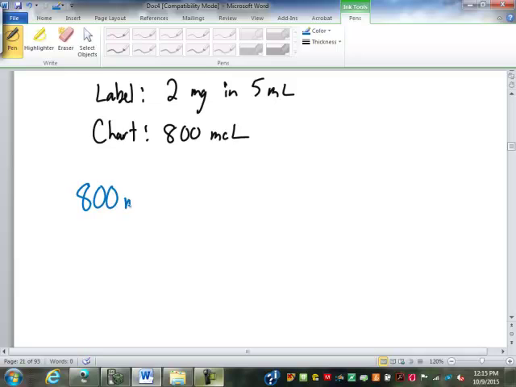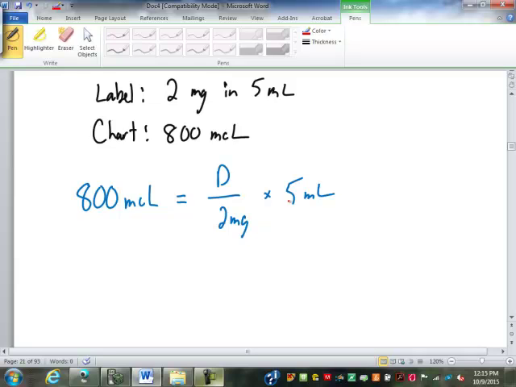So our administered dose, that is 800 microliters, is equal to the doctor's orders over 2 milligrams times 5 milliliters. We go to divide this out right now. If we're not putting the units in there, we would just do 800 divided by 5, and we would not notice that they are different units.